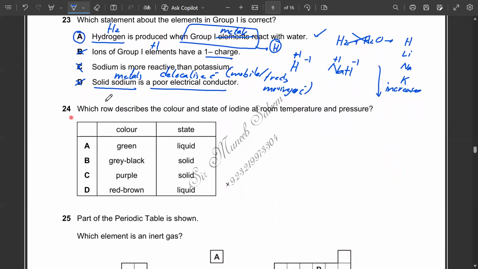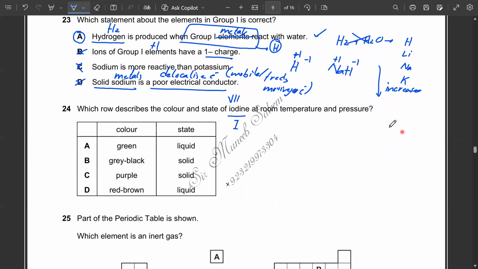Then 24. Which row describes the color and the state of iodine at room temperature and pressure? Iodine is symbolized with I, and if you recall the position of group 7, this is an element of group 7.